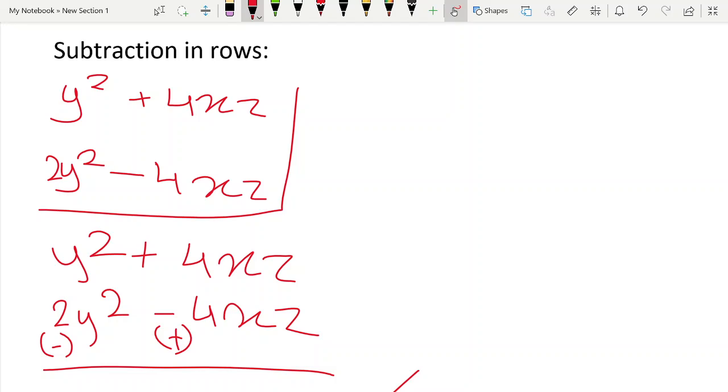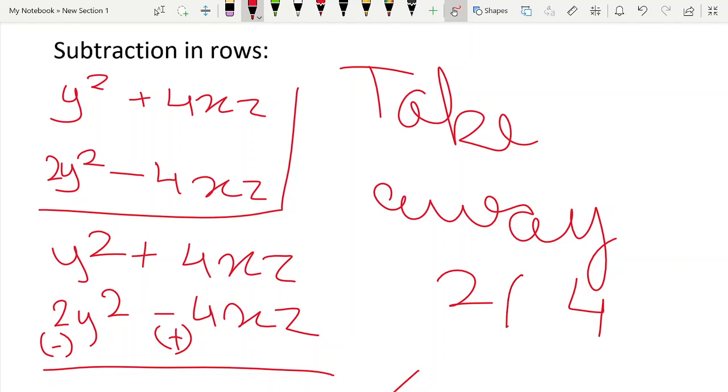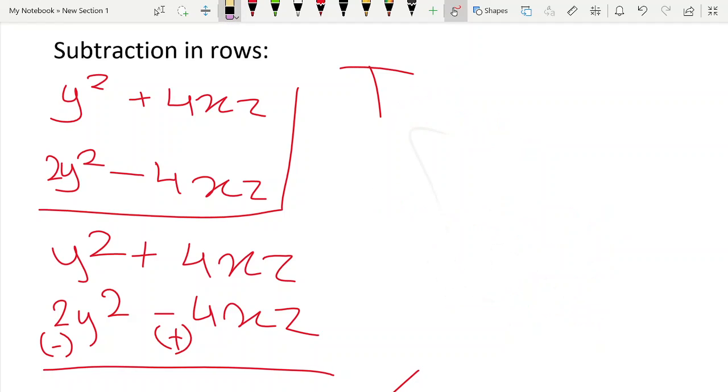Now if you have a question like y squared minus y squared blah blah blah, take away from 2y squared blah blah blah, it's not going to be y squared minus that, it's going to be 2y squared blah blah blah minus y squared. Okay, so if you have to take away 2 from 4, you're going to do 4 minus 2, not 2 minus 4. Okay, that's exactly what I'm trying to say.